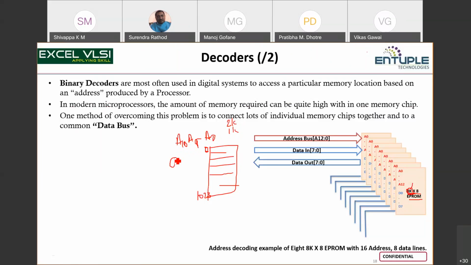When A10 is 0, this first block is selected. When A10 is 1, you get one more block, from 1024 to 2048, where 2047 is the last location. So that is 10 address lines for 1K, 11 for 2K, 12 for 4K, and 13 for 8K. That is A0 to A12.